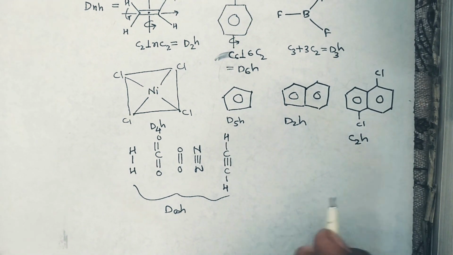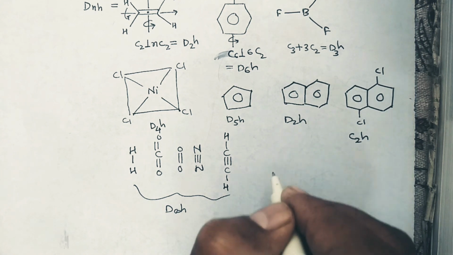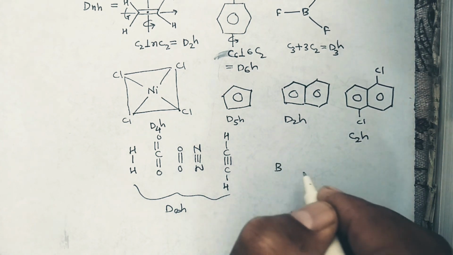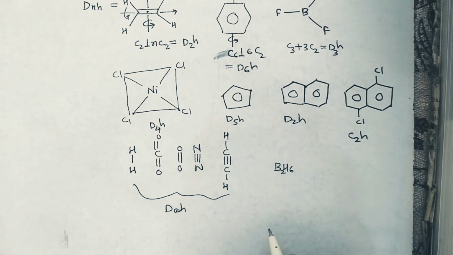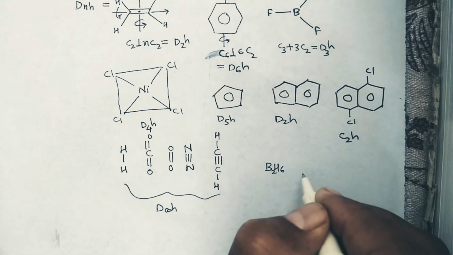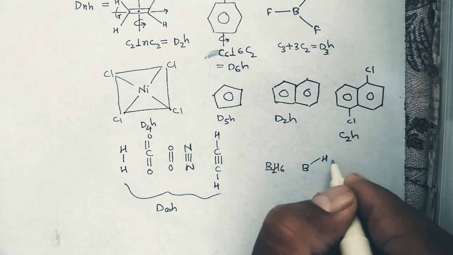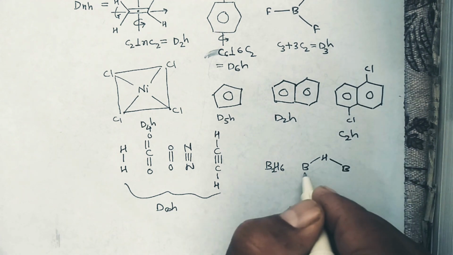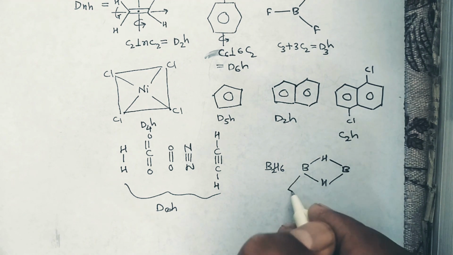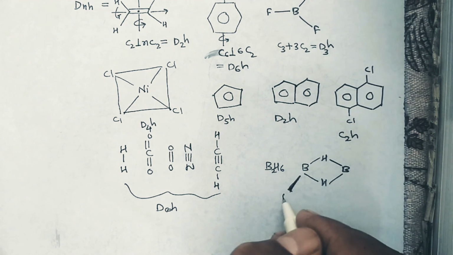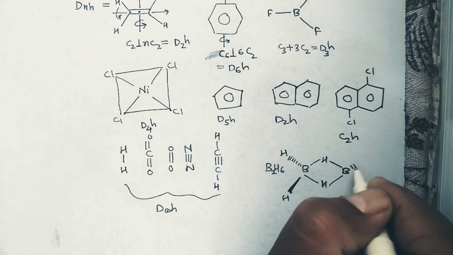One 4-mark question was asked in CSIR NET 2016. What is the point group of B2H6, diborane? The structure of diborane is very simple. It has bridge hydrogens. 2 hydrogens are above the plane, 2 hydrogens are below the plane.